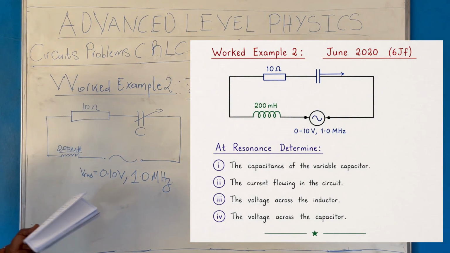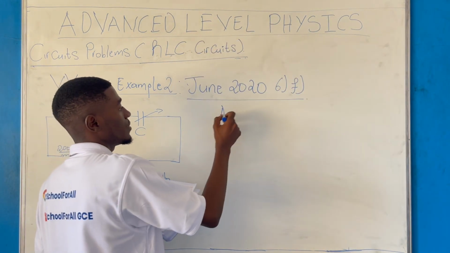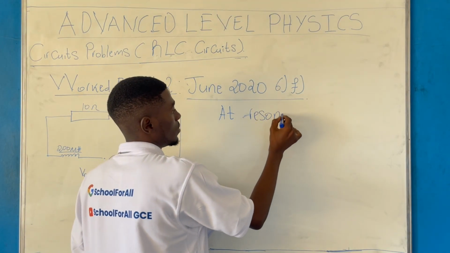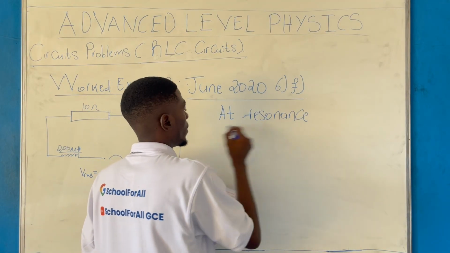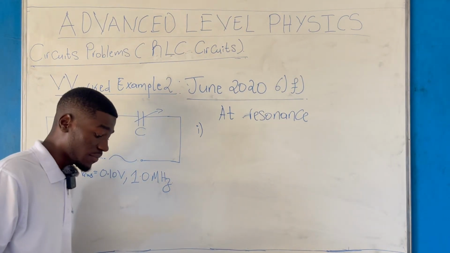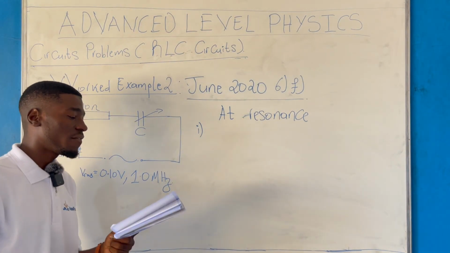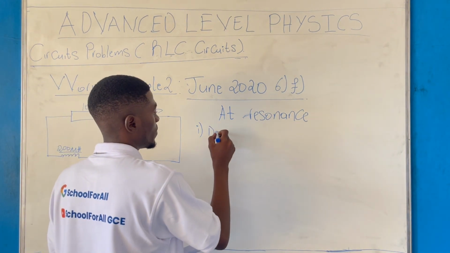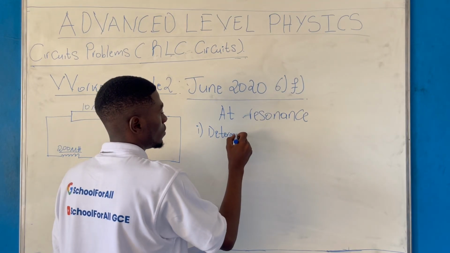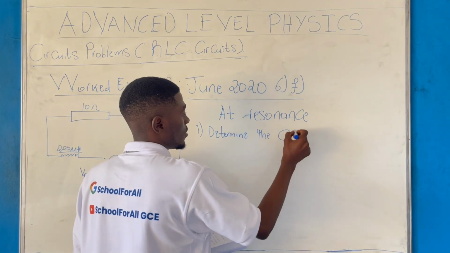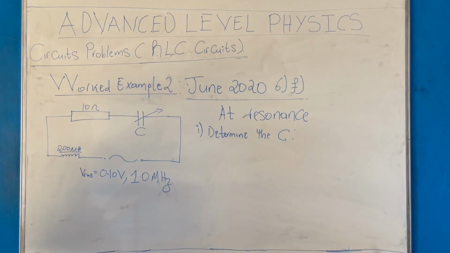The inductor has an inductance of 200 microhenry. At resonance, Roman 1: determine the capacitance C of the variable capacitor.